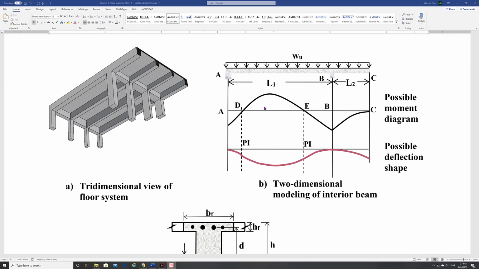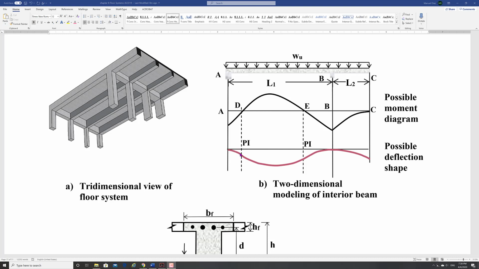So the important thing to remember here is that, of course, you're going to have a little bit of a negative moment, and then you go into a positive moment, and then again you start having a negative moment, and this being cantilever, most likely a negative moment. In terms of your shape, don't forget that these changes where you have zero moment are your points of inflection.